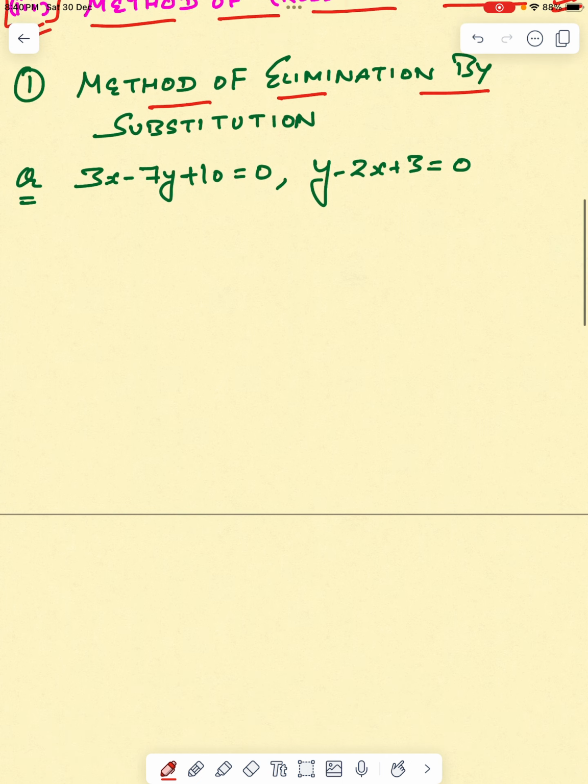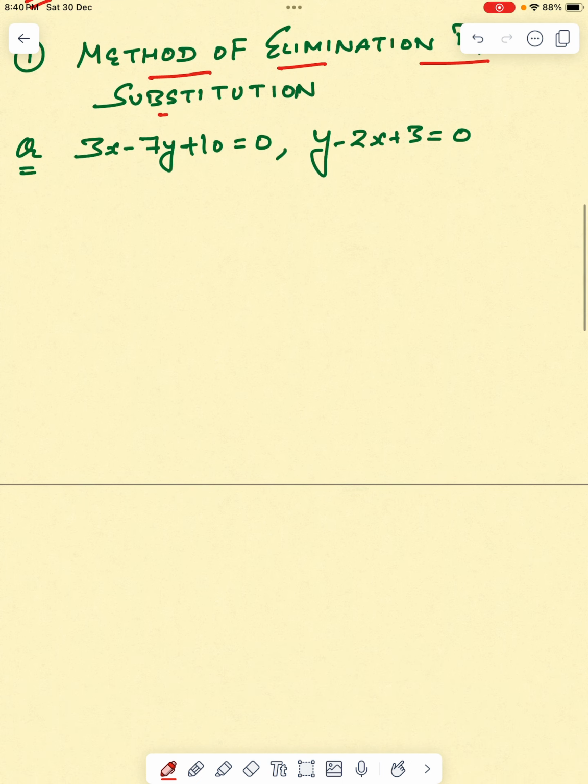We will directly solve the problem, and I will also tell you the procedure to solve this question. Starting with the problem, we are given one pair of linear equations. I named them equation number 1 and equation number 2. So what is our step number 1?